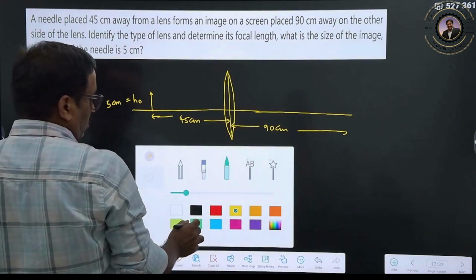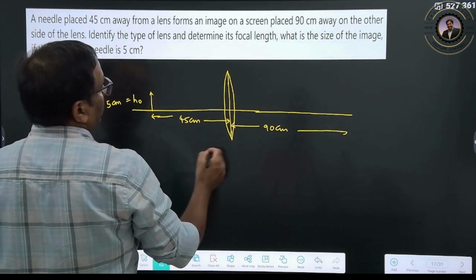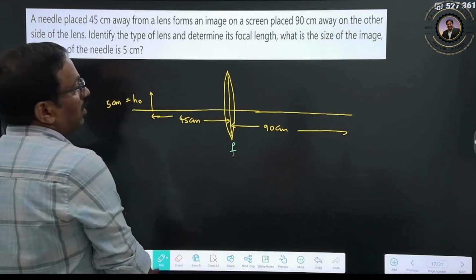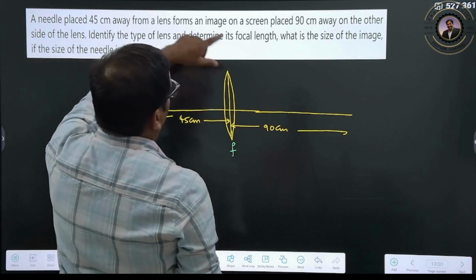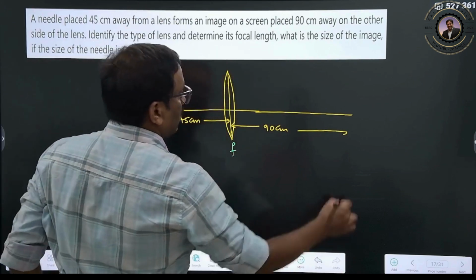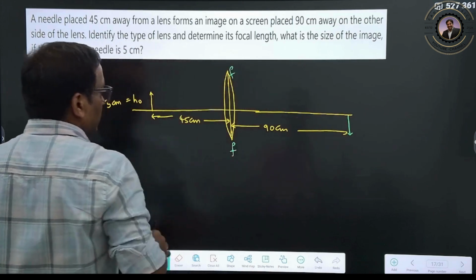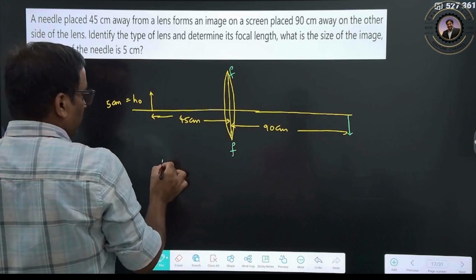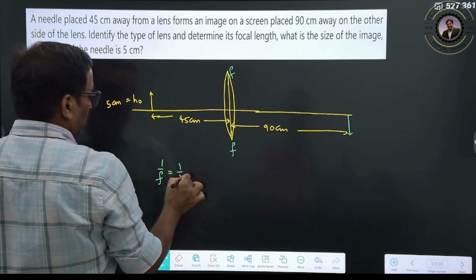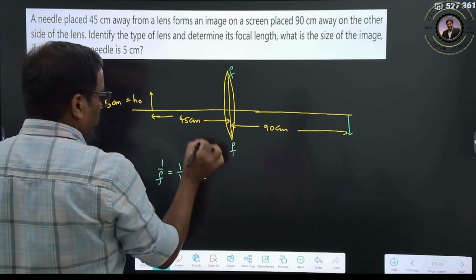So this is your convex lens, and we want to calculate the focal length and the height of the image. Use the formula 1 by f is equals to 1 by v minus 1 by u.